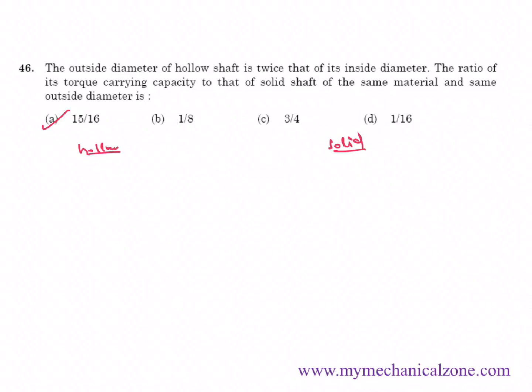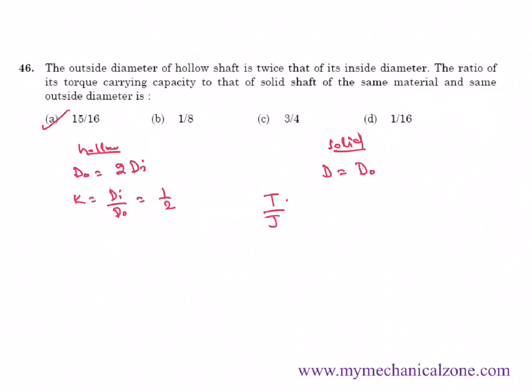Data: outside diameter is 2 times the inner diameter, or K value, di/do, is 1/2. For the solid shaft, same metal and same outside diameter, so D equals the outer diameter of the hollow cylinder. We have to calculate the ratio of torque carrying capacity.